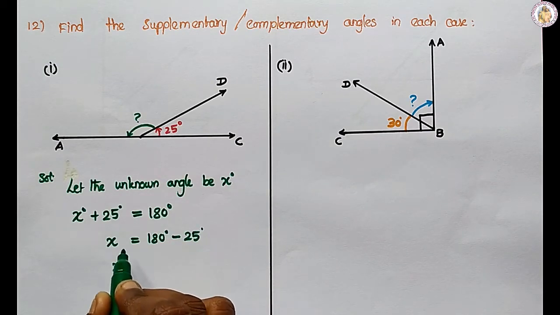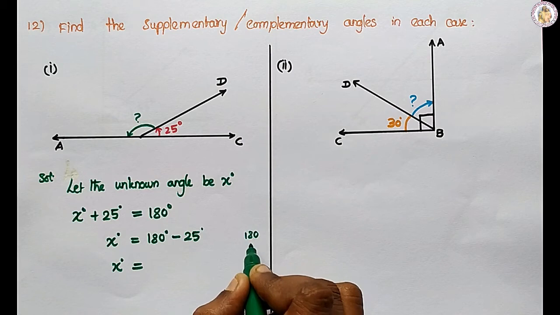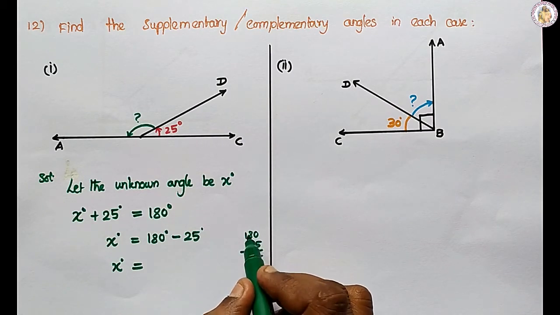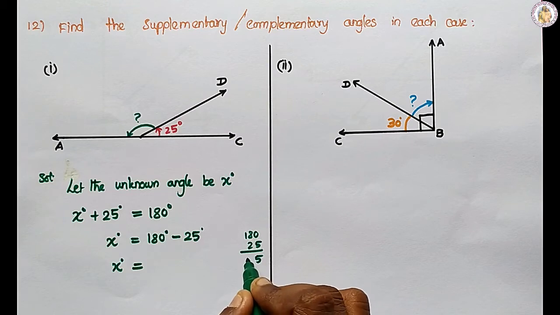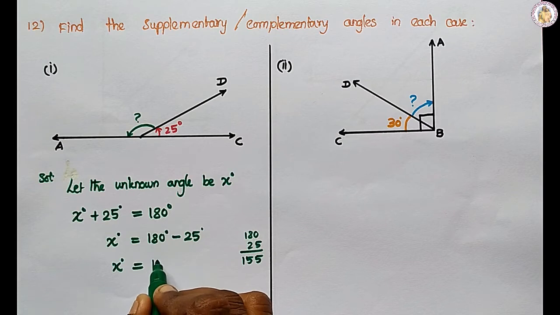So x degree equal to 180 minus 25, 155 degree.